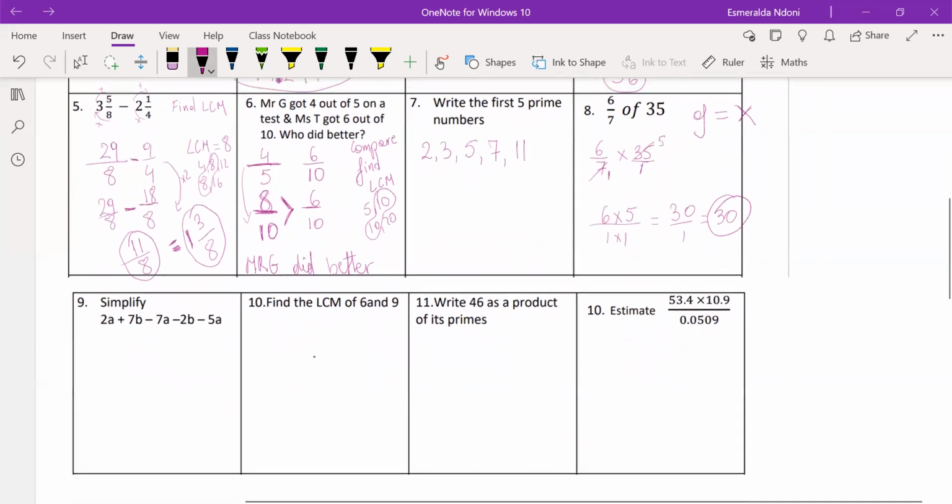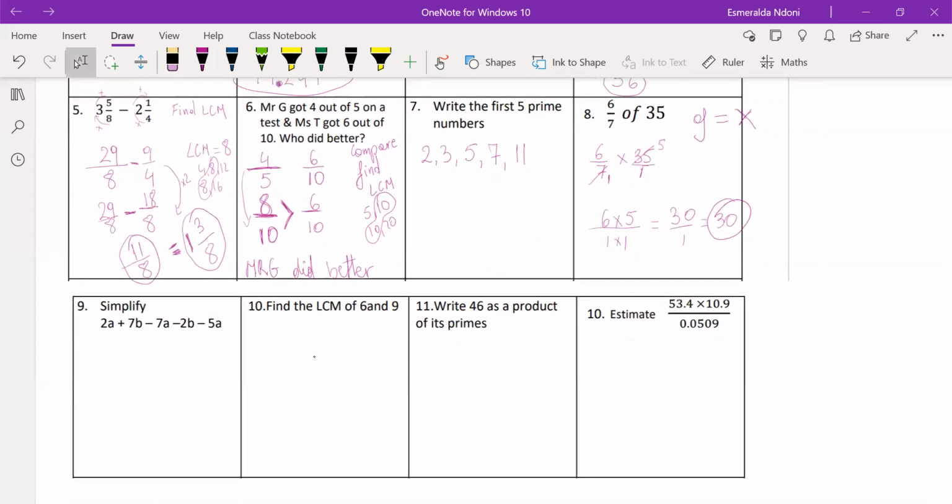Moving on to question 9. Simplify. To simplify, we've done a little bit of this together before we closed the school for Christmas. So if you cannot do this one, it's fine. I'm going to do a video on this. So I'm quickly going to go over this.